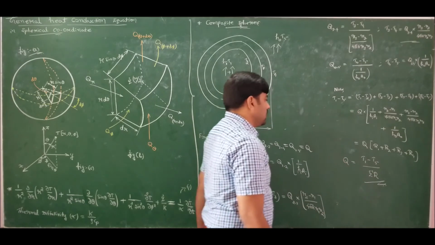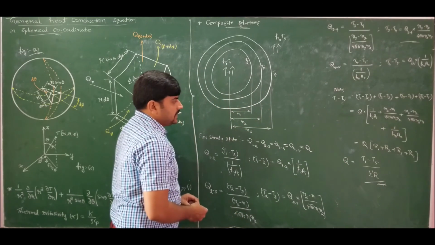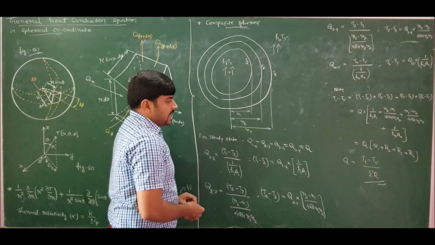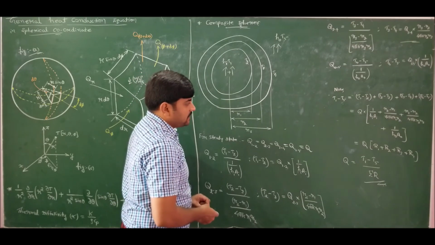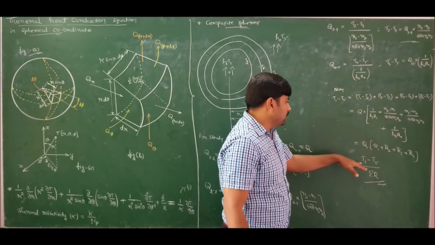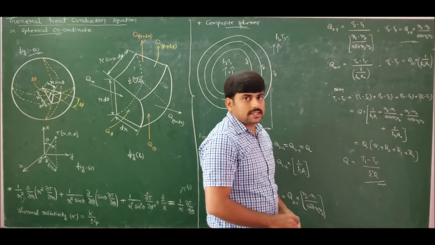So this is analogous to an electrical circuit where current flow is equal to difference in voltage by electrical resistance, whereas in heat transfer, flow of heat is equal to temperature difference by thermal resistance.